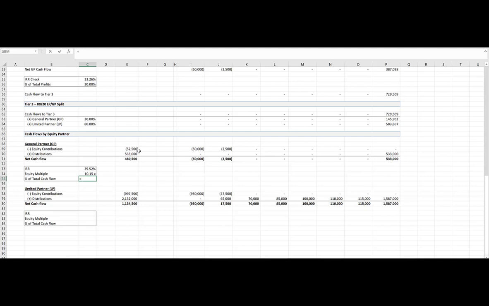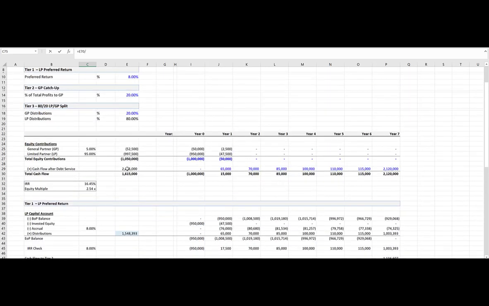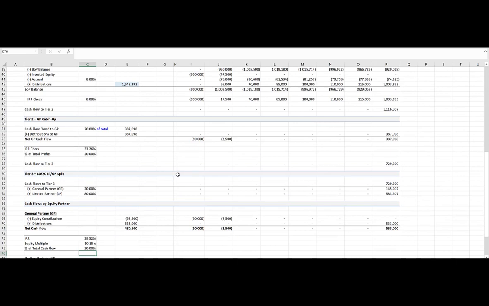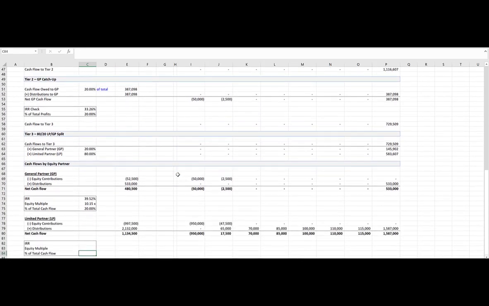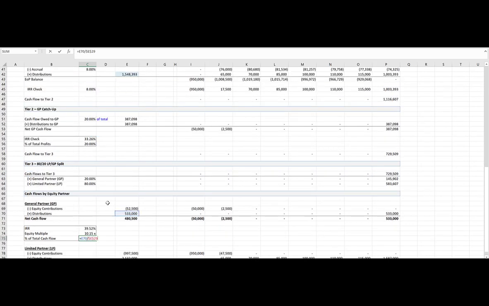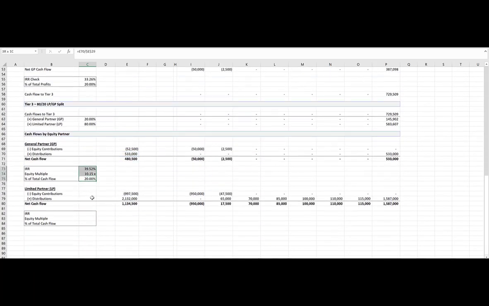We're going to take the gross distributions to the GP throughout the deal, divided by the cash flow after debt service. And that's 20%, so it works. And why don't we do the same thing down here? I'm going to lock in the cash flow after debt service so we can copy this down. And there we go. The LP receives a 13.5% IRR, 2.14x equity multiple, and 80% of the total cash flows.